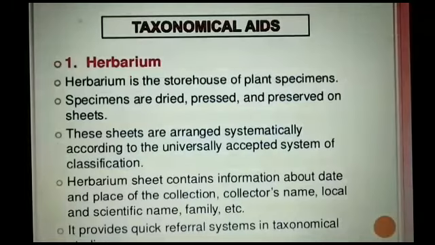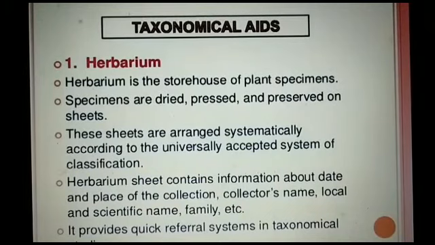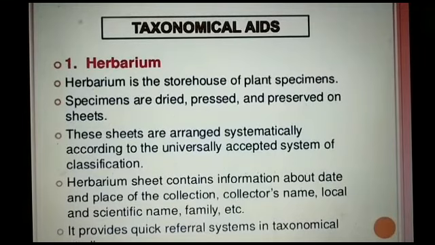And the next point is that these sheets are arranged systematically according to the universally accepted system of classification. And the most important thing is that the herbarium sheet contains information about the date and place of collection, collector's name, local and scientific name.